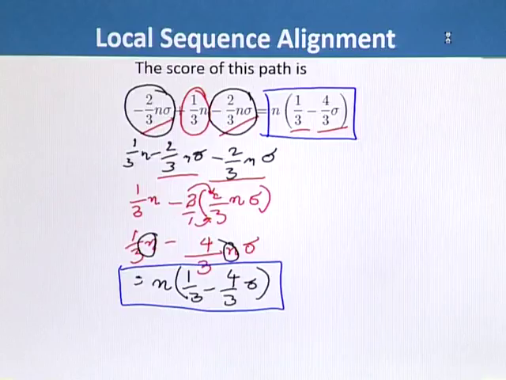So we can calculate this equation by deriving this equation also. So in this way we will come up with this n(1/3 minus 4/3 sigma).